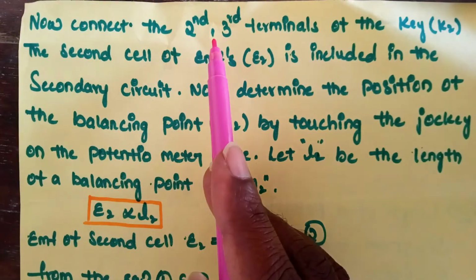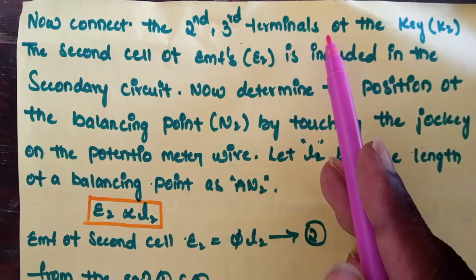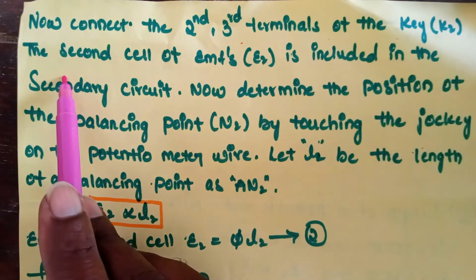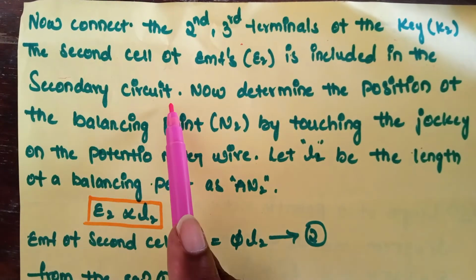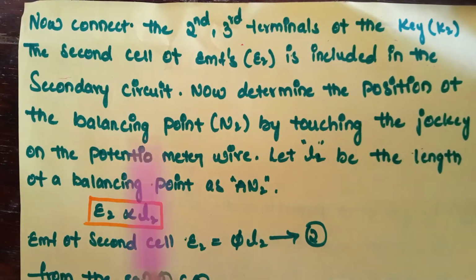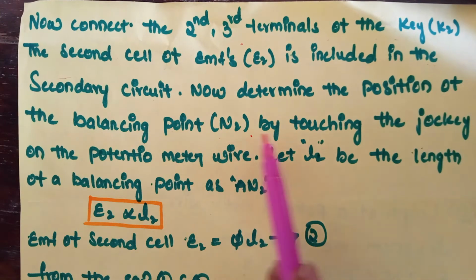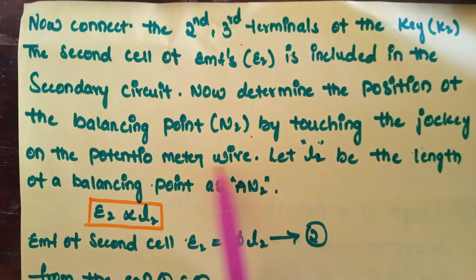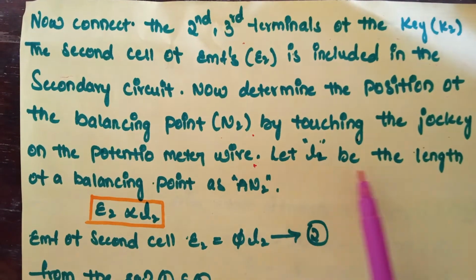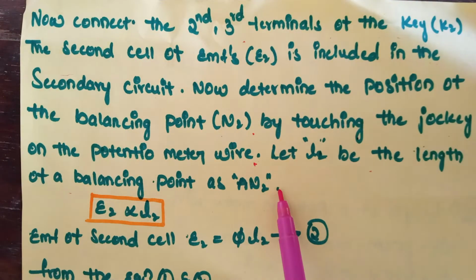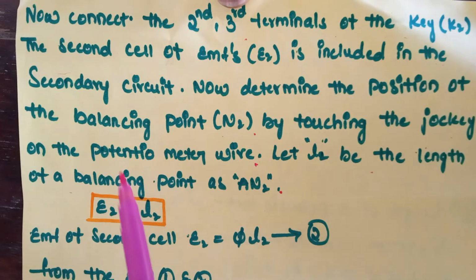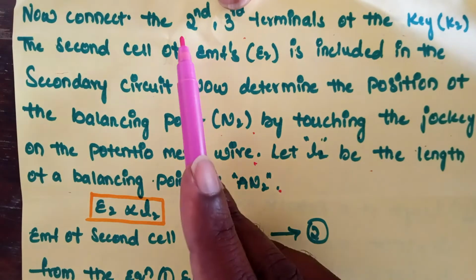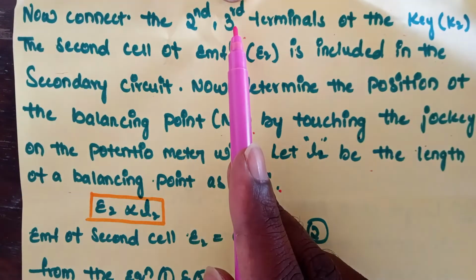Now connect the second, third terminals of the key K2. The second cell of EMF is included in the secondary circuit. Now determine the position of the balancing point N2 by touching the jockey on the potentiometer wire. Let L2 be the length of the balancing point AN2. It is like the previous paragraph: there 1, 3, here 2, 3.